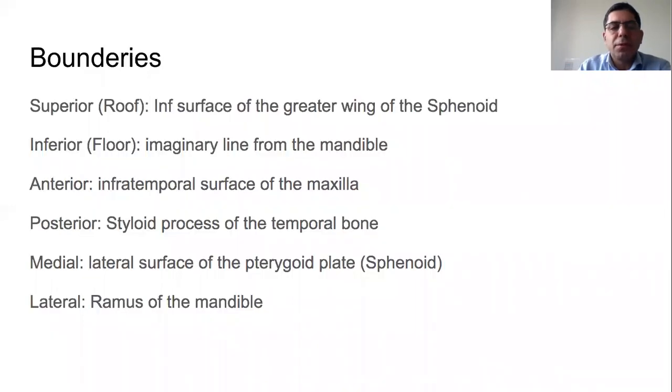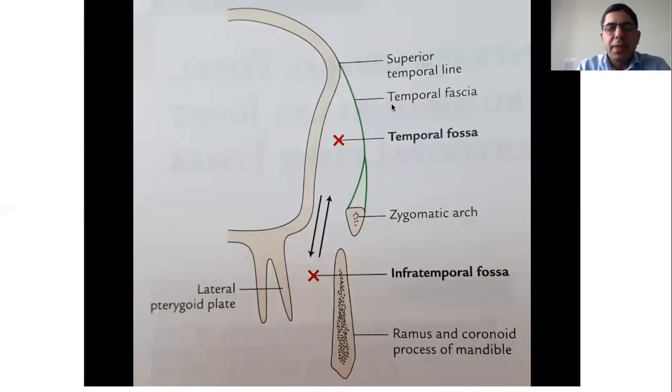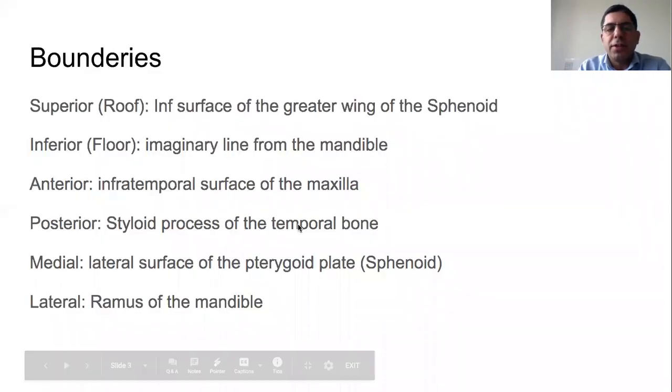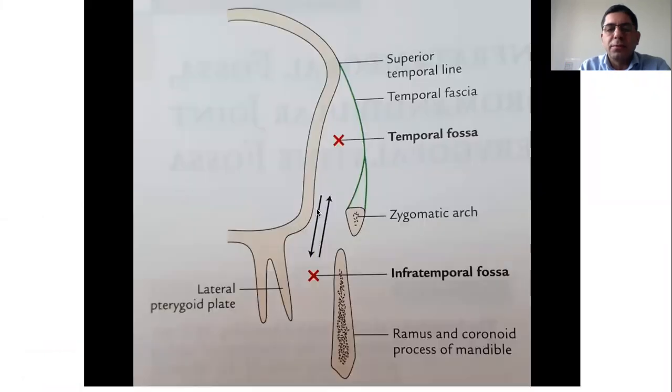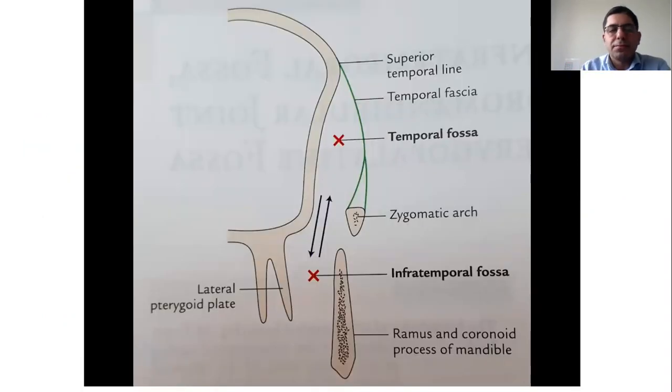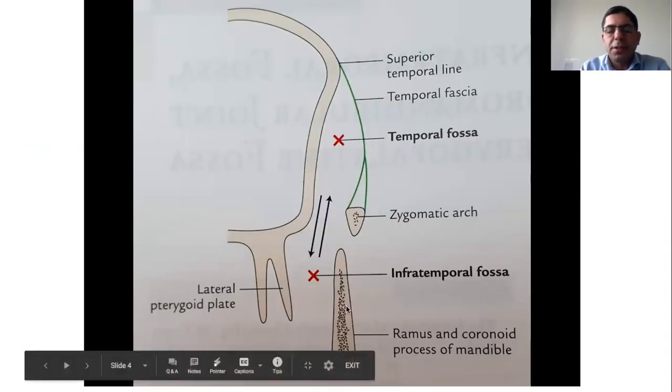At the top of the roof, you've got the inferior surface of the greater wing of the sphenoid. Remember the sphenoid, the wings? That's the superior part. So the inferior surface of the greater wing. The inferior part is an imaginary line from the mandible, around here.